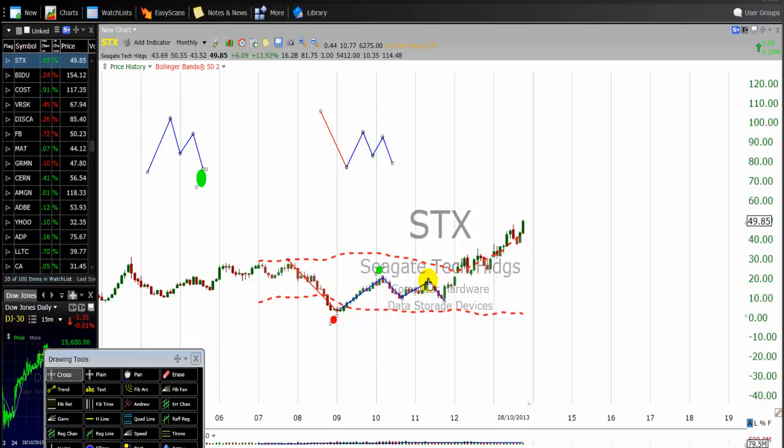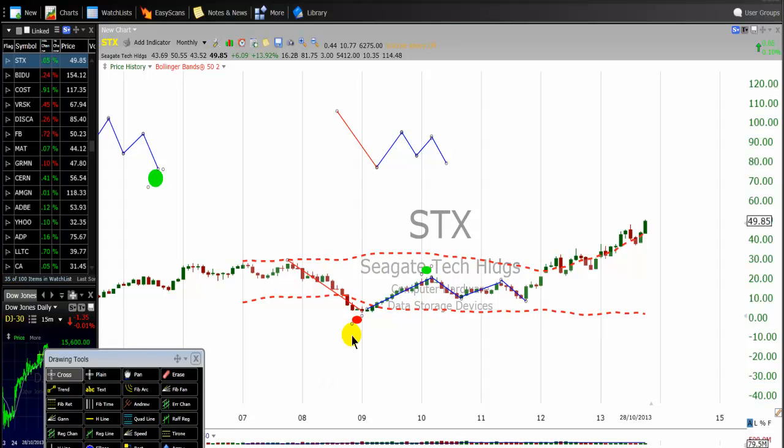The last part is the C to D. For the Gartley pattern, the C to D should bring the price down to the zone of 78.6% of XA. So here you see this is XA.